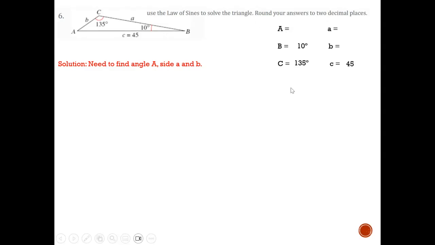So to find angle A, we use A plus B plus C equals 180. So angle A is equal to 180 minus B minus C. Let's plug in the values: 180 minus 10 degrees minus 135 degrees, which gives us 35 degrees. So angle A is 35 degrees.